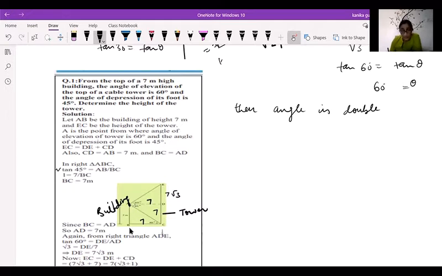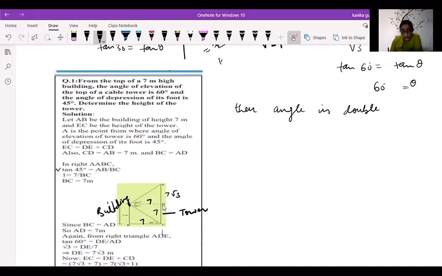Now you know that ABCD is a rectangle. Opposite sides of a rectangle are equal. So BC is equal to AD, which is 7 meters, and AB is equal to DC, which is also 7 meters. Now in right angle triangle ADE, you have to find the value of ED. AD is equal to 7 meters and theta is 60 degrees.